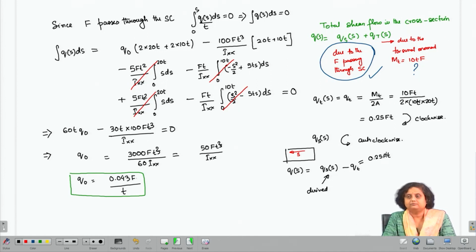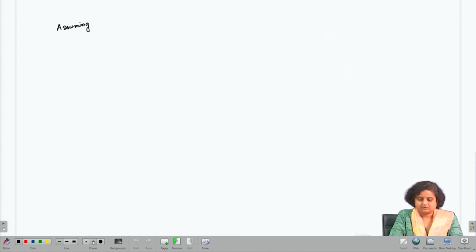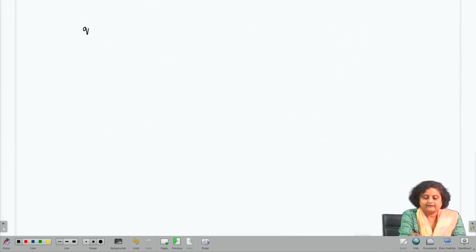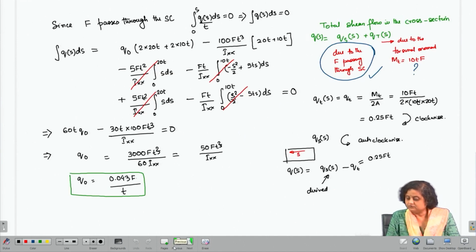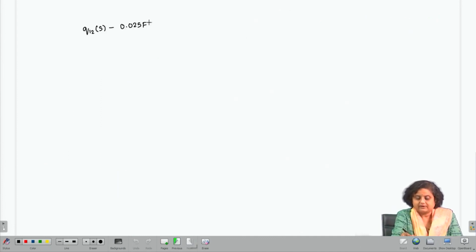The total value of the shear flow can actually be written as Q12S minus 0.025 F by T. So, this is F by T, which is going to be Q0.